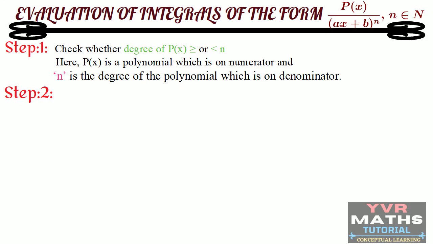If the degree of p of x is less than n, then how do we express the given function p of x by (ax plus b) whole power n?